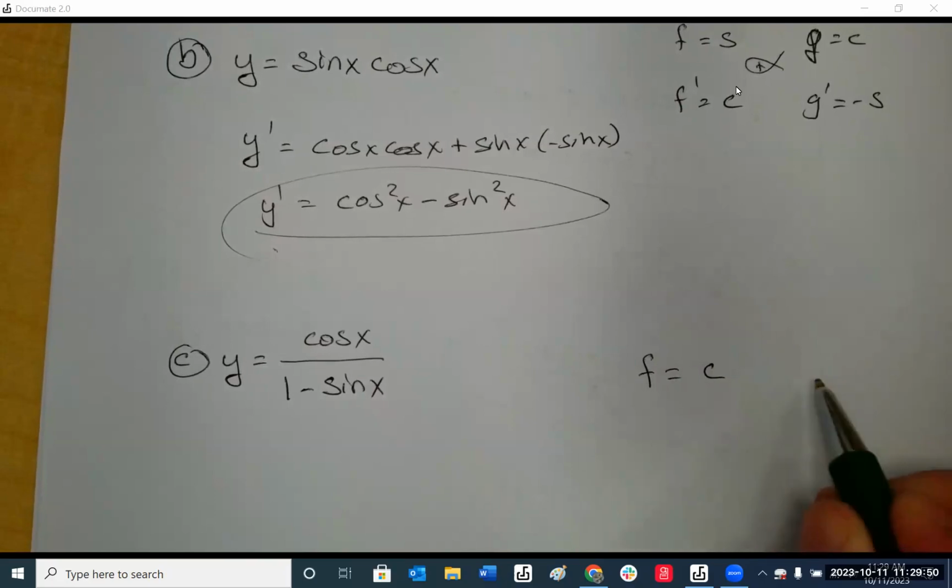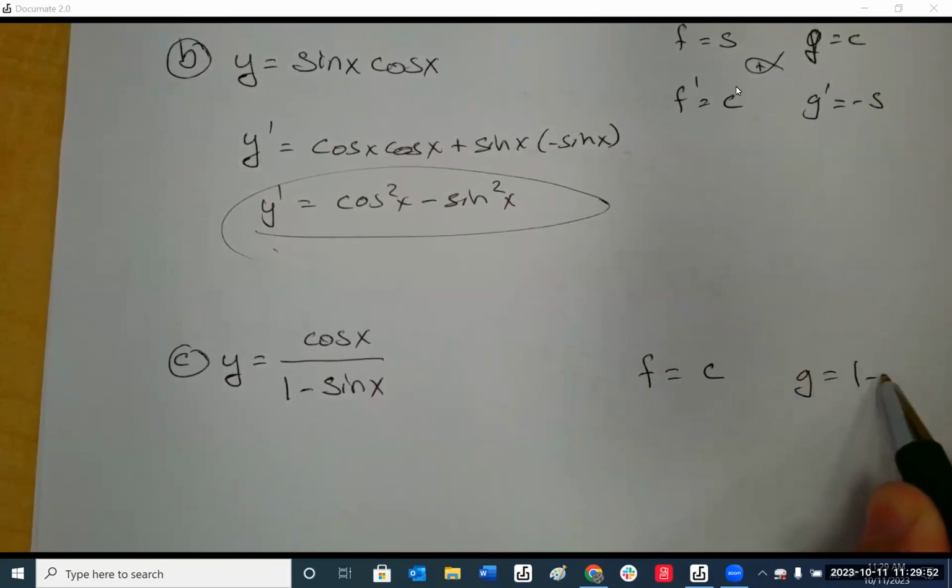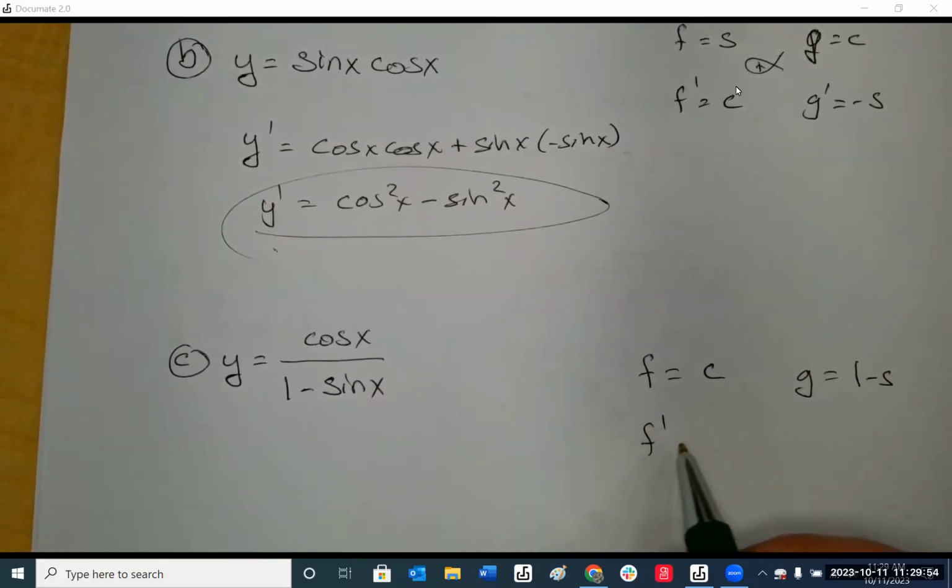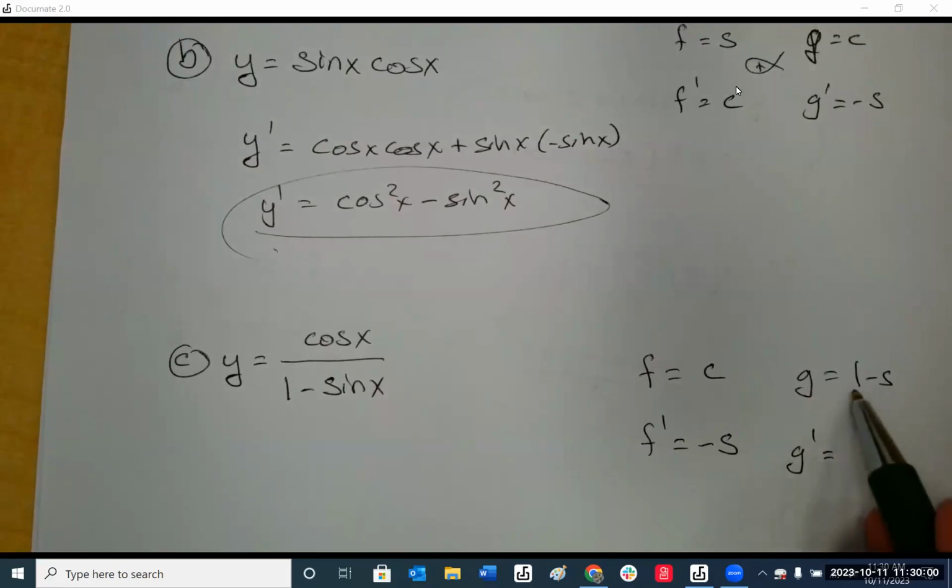f is cosine, g is 1 minus sine. So the derivative of cosine is negative sine. Derivative of 1 minus sine is negative cosine.